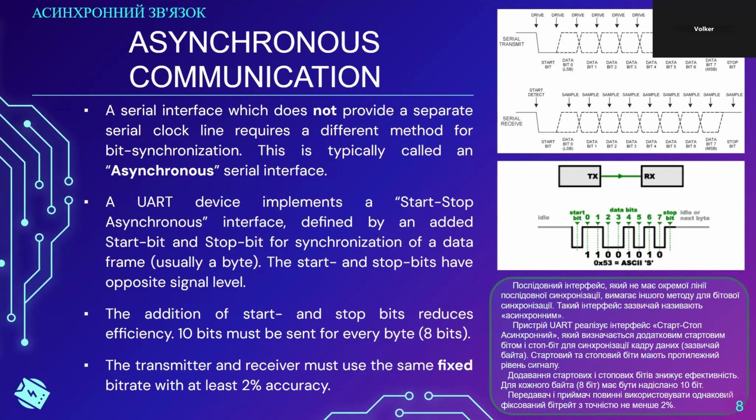The next item is must use the same fixed bit rate. What is the fixed bit rate? There's a lot of history in this. The asynchronous communication was the first implementation of long-distance communication systems. This was done in the 1950s. The standards for this were done in the 1950s, 1960s, when computer systems were trying to communicate over telephone lines.